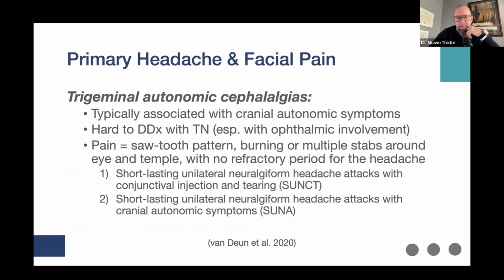And into our next category, which is primary headache and facial pain. These ones, I don't recall ever seeing one of these in my practice, but there are trigeminal autonomic cephalalgias. And this will trigger some PTSD from board exams for some of you. But these headaches are typically associated with cranial autonomic symptoms.